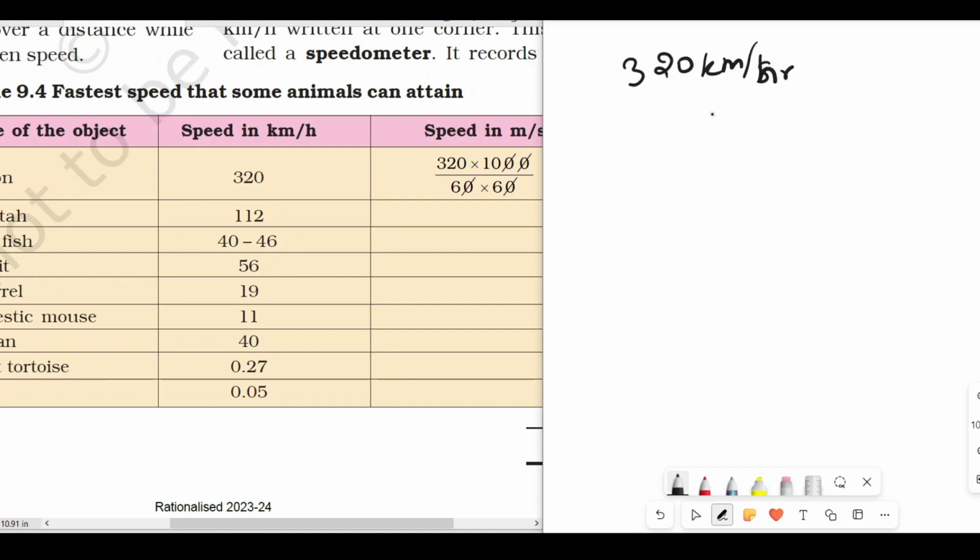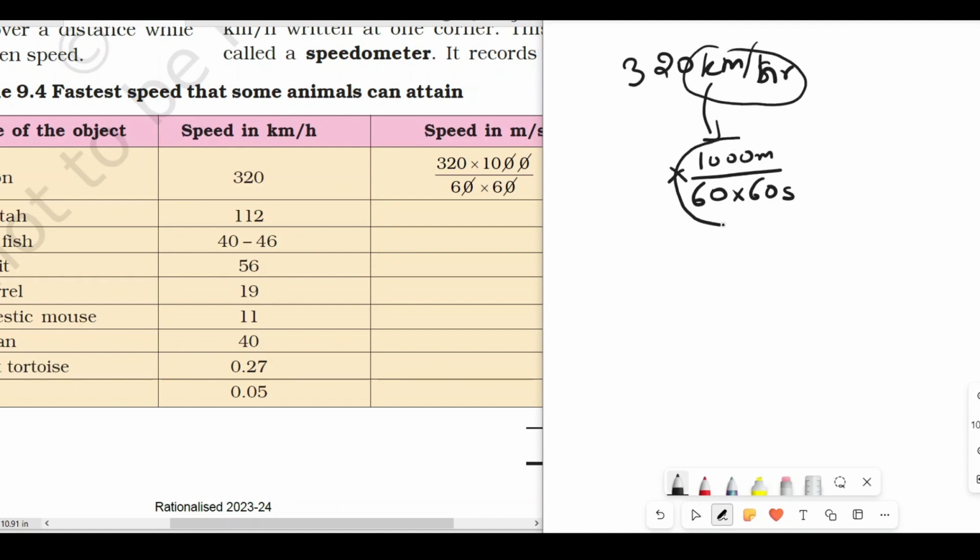So what you do is you convert kilometers into meters. So 1 kilometer is 1,000 meters, and you convert 1 hour into seconds. So 1 hour is 60 minutes, and then 1 minute is 60 seconds, right? So 1 hour is 60 into 60 seconds. Okay, so instead of kilometer per hour, what you write?